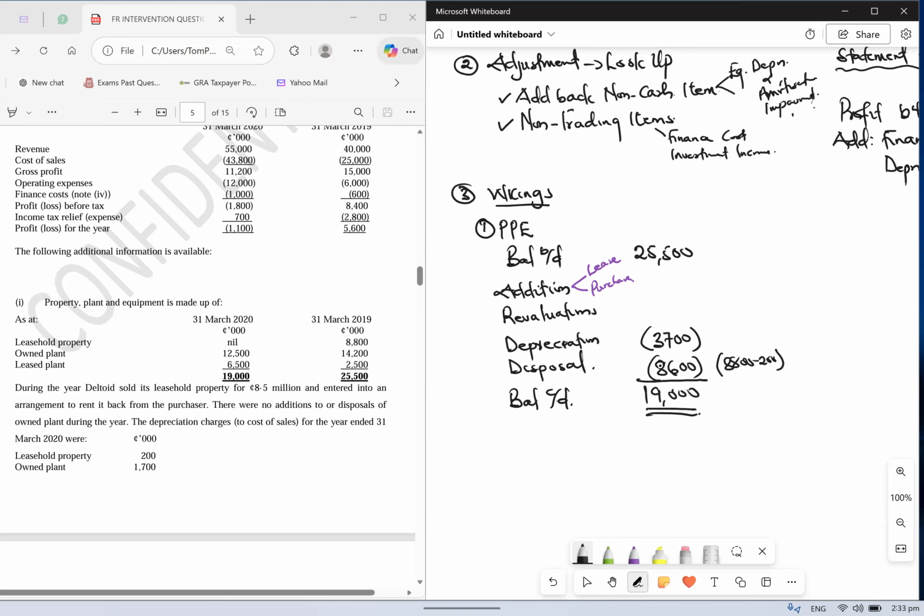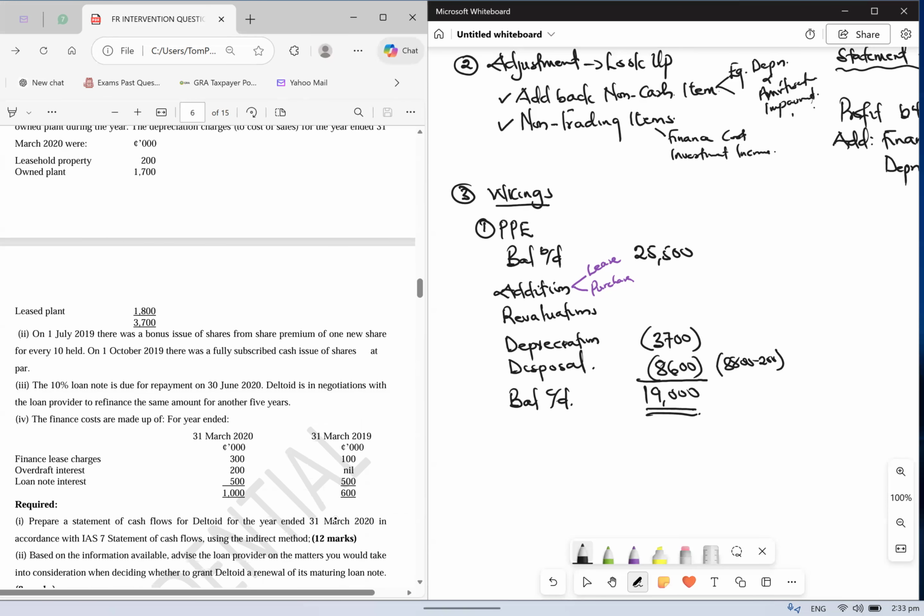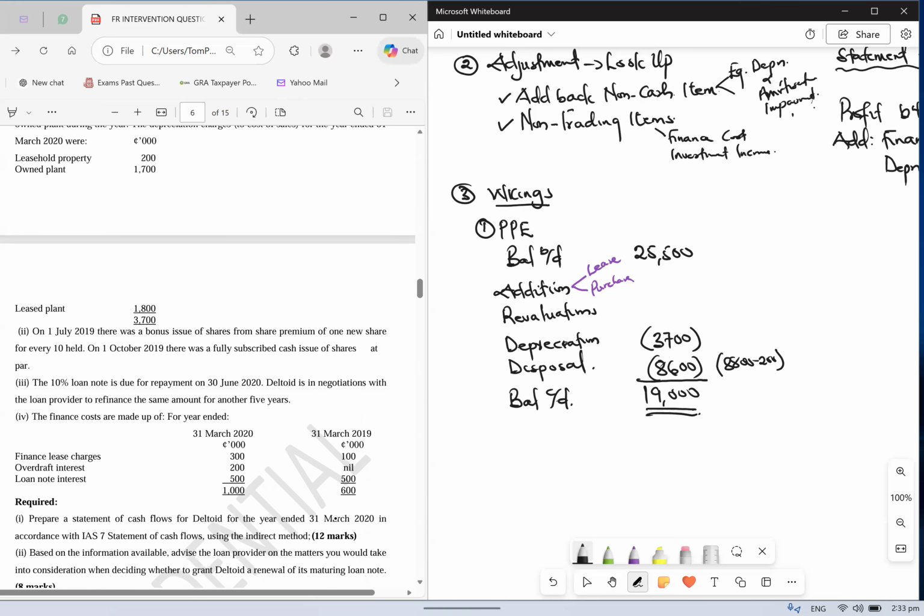So this is it. Is there a revaluation in this question? Do we have anywhere that an asset was revalued? When we read, we didn't see anything like that, right? So it means here is dash. So the difference, therefore, is our cash flow. So what is the difference?